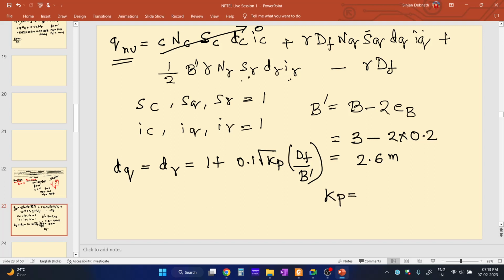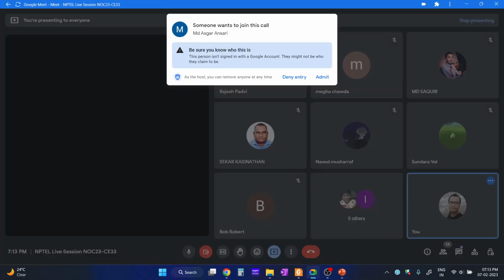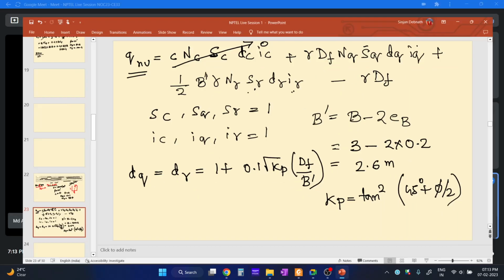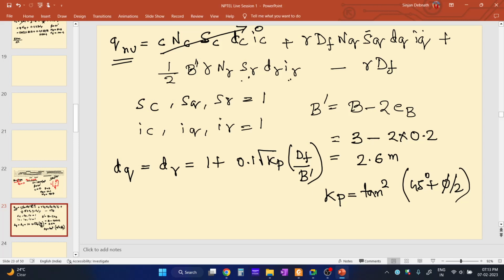This one is tan square of 45 degree plus phi by 2. This is the value of Kp.